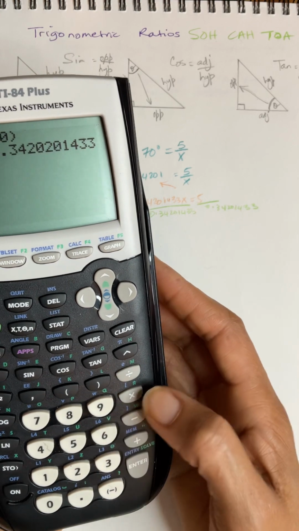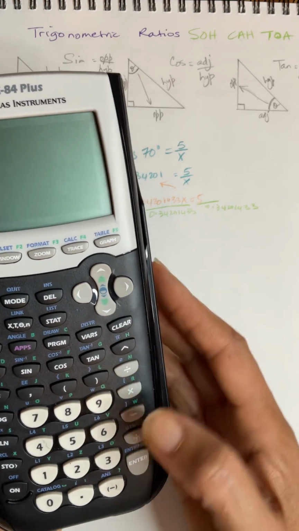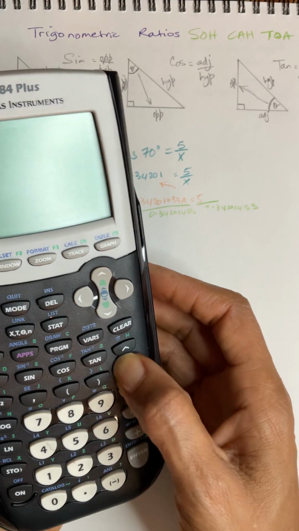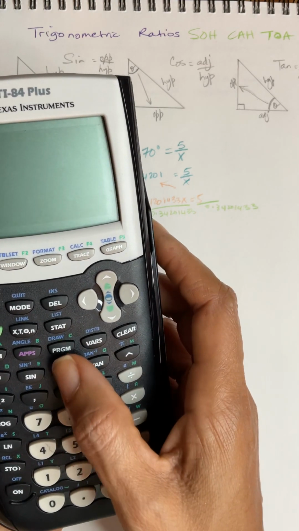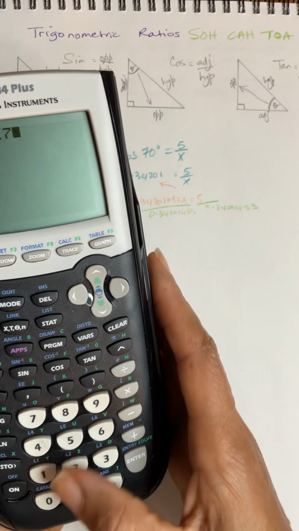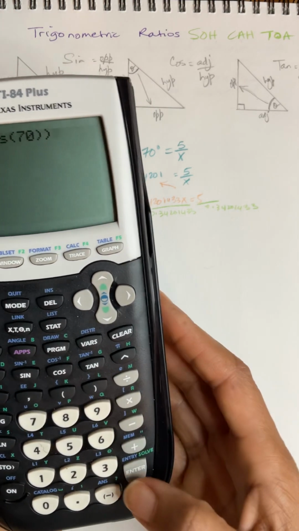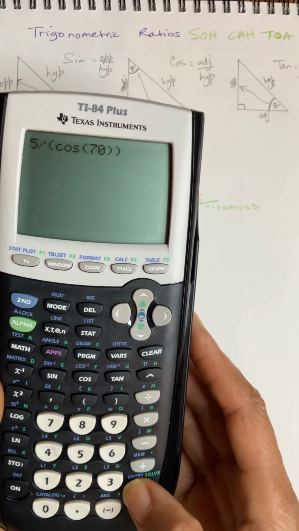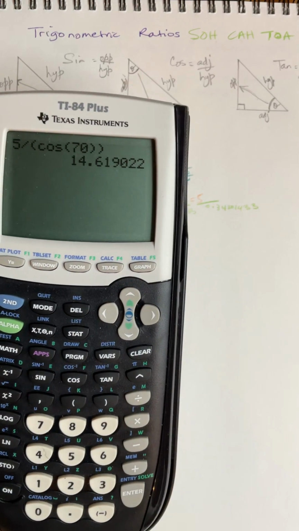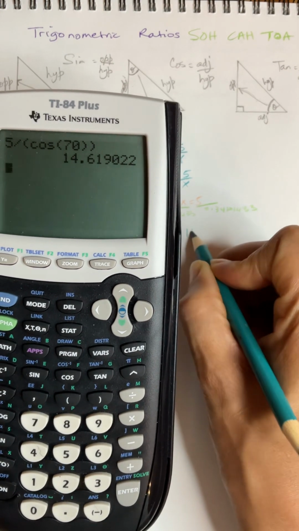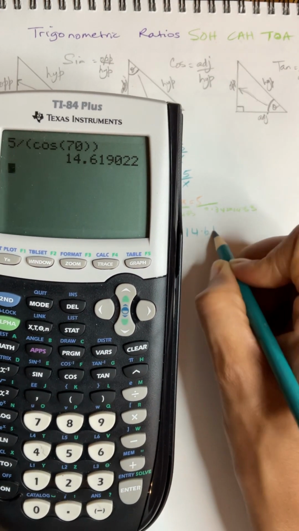So you are going to have 5 divided by this. What you can do is clear this first. You can have 5 divided by parentheses cosine 70 degrees, and then you put that back in parentheses and hit enter, and you will get 14.619. X will be equal to 14.619.